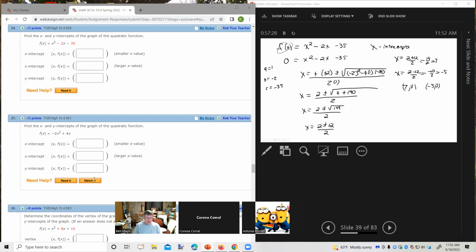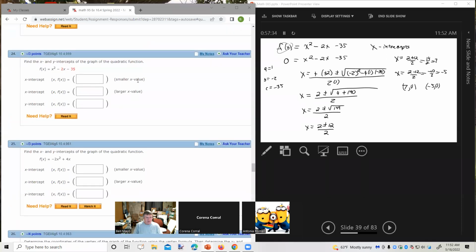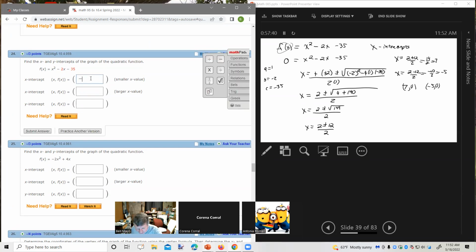Now, it asks for 2 x-intercepts, but it wants the smaller x value first. So if I put 7, 0 first, it's going to mark it wrong. So this is -5, 0, and this is 7, 0.